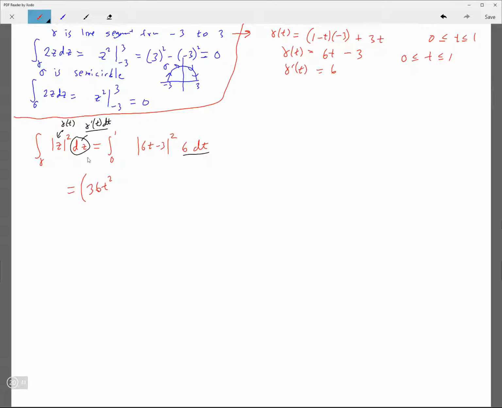So you're just down to one variable instead of two variables. 6t minus 3 minus 36t plus 9. That's all times 6. Oh, dang. I think I chose a really bad example.